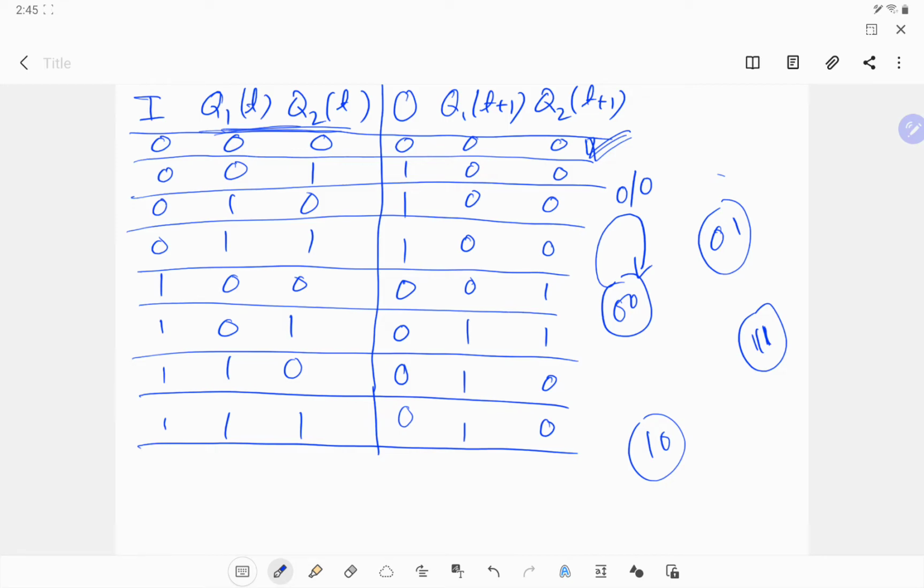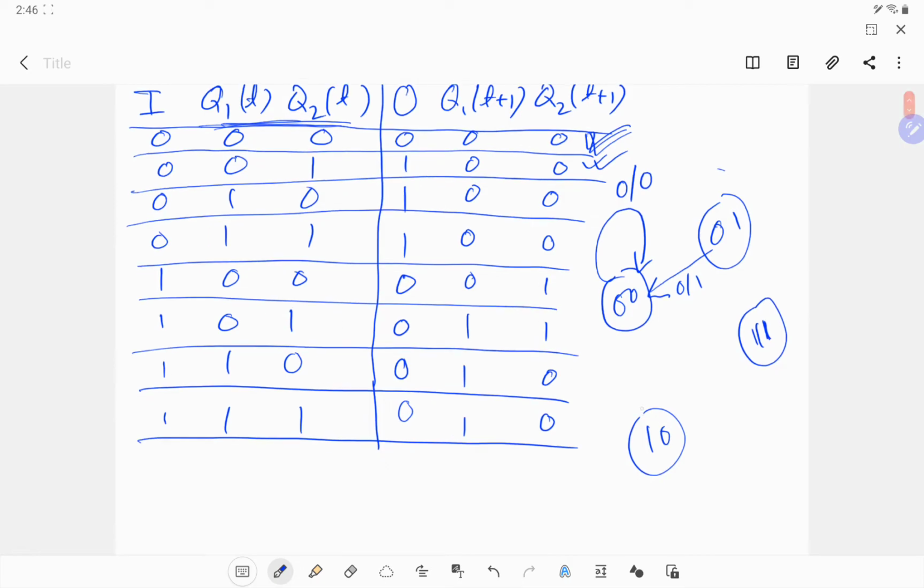For the second one, the state transition is from 01 to 00, input is 0 and output is 1. For the third row, the state is 10 and the next state will be 00. So that's 10 to 00, input is 0 and the output is 1.